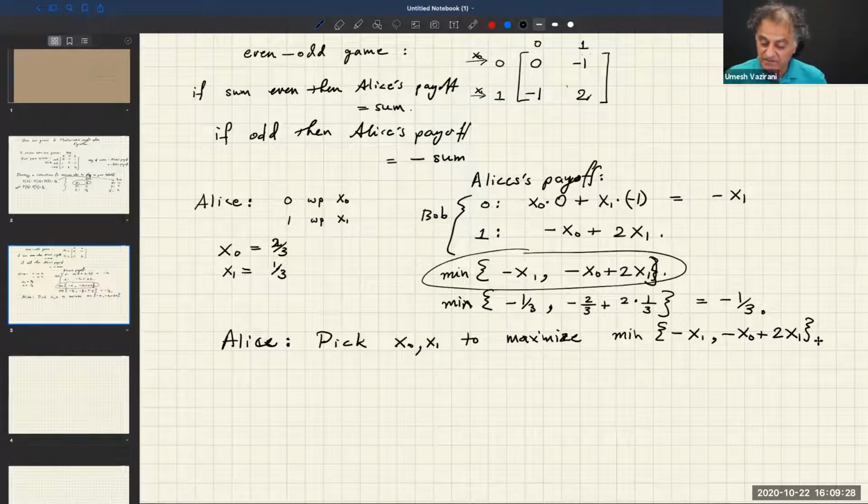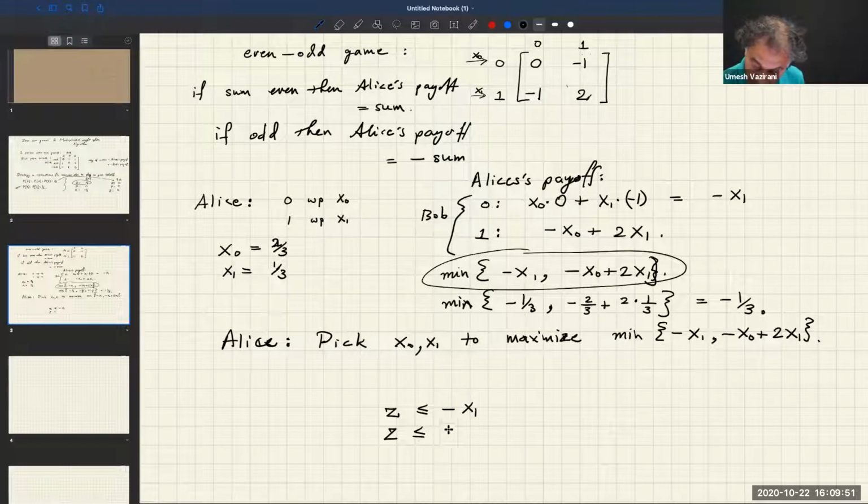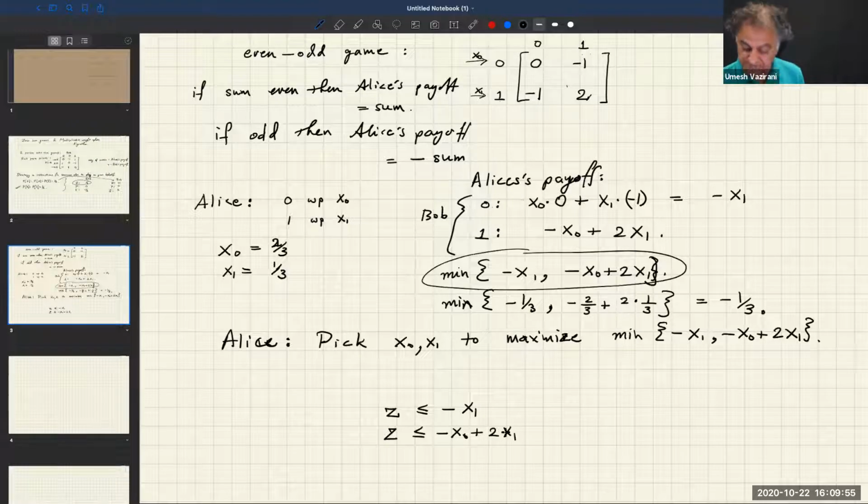We want to maximize the minimum of these two. Well, how do we write the minimum of these two things? We introduce a dummy variable or slack variable z, and we say z must be less than or equal to minus x1, and z also must be less than or equal to minus x0 plus 2x1.